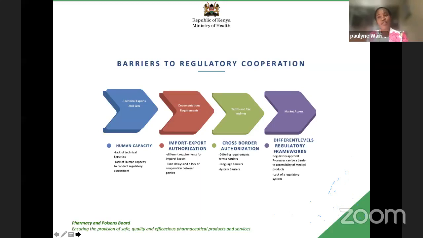Some countries in Africa still lack a regulatory system and oversight. And of course, this becomes a challenge in its own right. There is acceleration and proliferation of counterfeit products in those markets because there's nobody to check. And because of that, those products will trickle and find their way to markets where they have systems, making it a challenge for us to address.